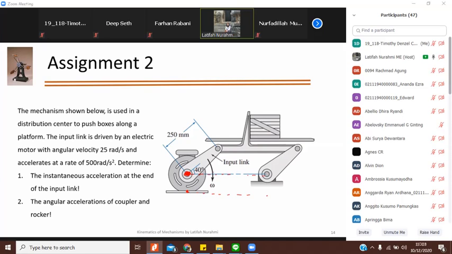This is a line, in one line, the center of rotation of the output. Then if you draw it upward for both input and output, here's the center of rotation. They are also on the same line. So that's why the input and output have the same length, and they are parallel. They are always parallel.